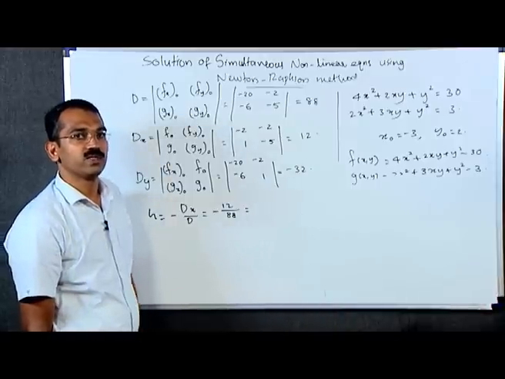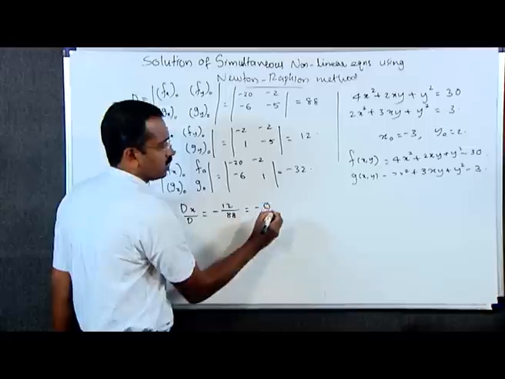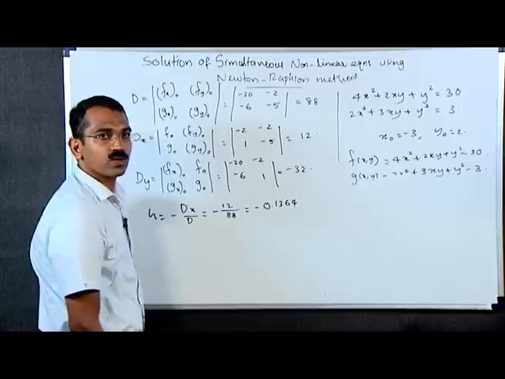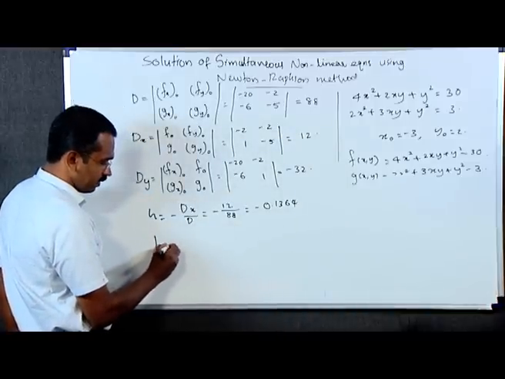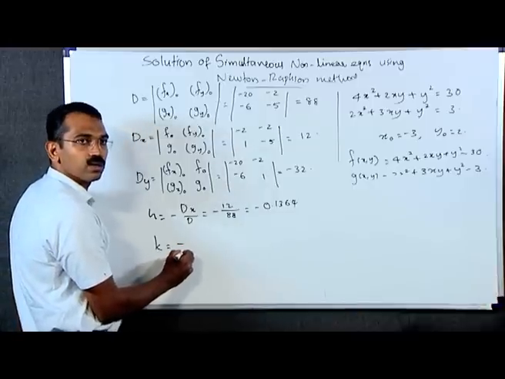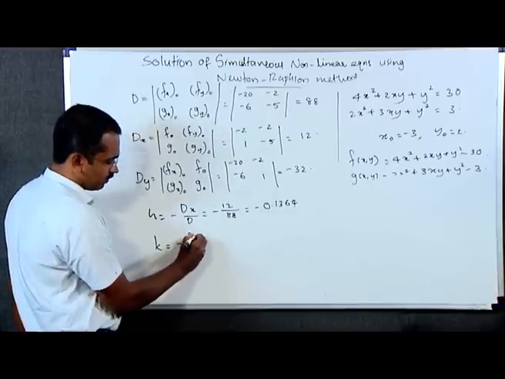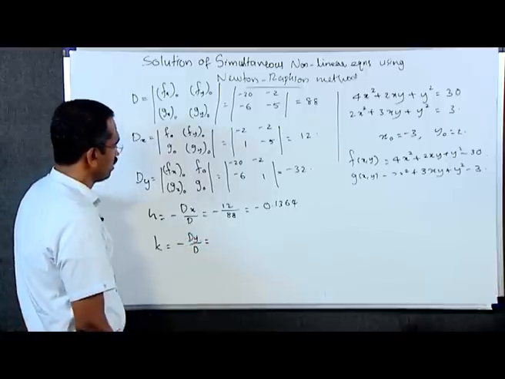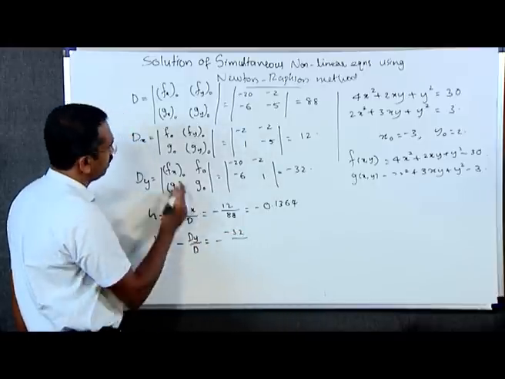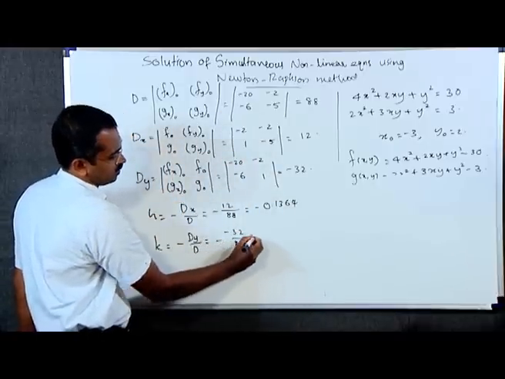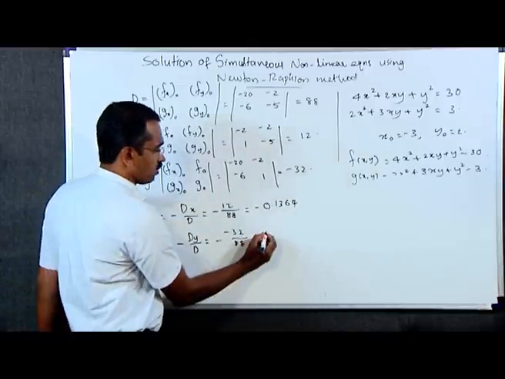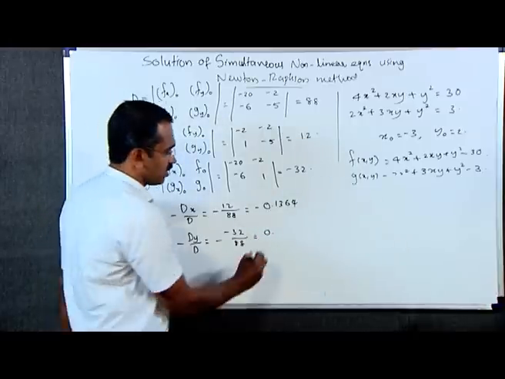Minus 12 divided by 88 is minus 0.1364. Now, we calculate the value of k, which is equal to minus Dy divided by D, which is minus the value of Dy, minus 32, divided by the value of D, 88. That is, minus of minus 32 divided by 88 is positive 0.3636.